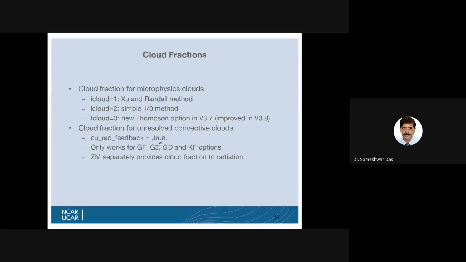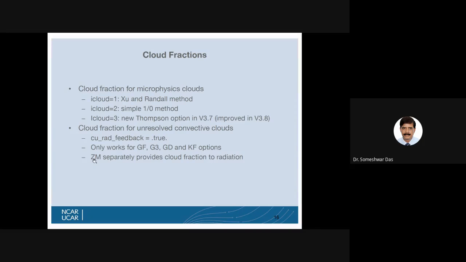Then it will allow for the cloud fraction for the unresolved convective clouds. Now it only works for GF, this is one of the convection schemes. G3 is also another convection scheme, GT another convection scheme. So there are different convection schemes, KF. So this option cu_rad_feedback equal to true will work only if you are choosing one of these cumulus parameterization schemes. If you are not choosing the convection scheme among any of these, then this option will not work. Okay, it will fail.